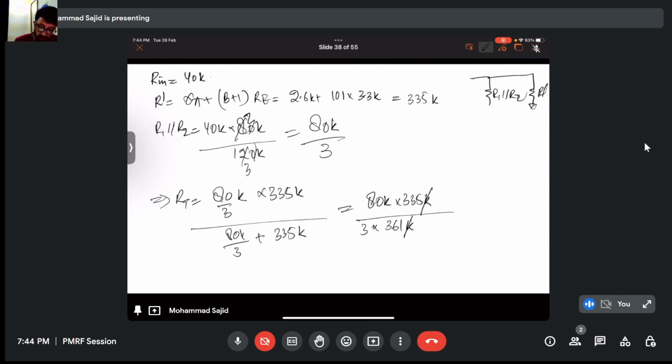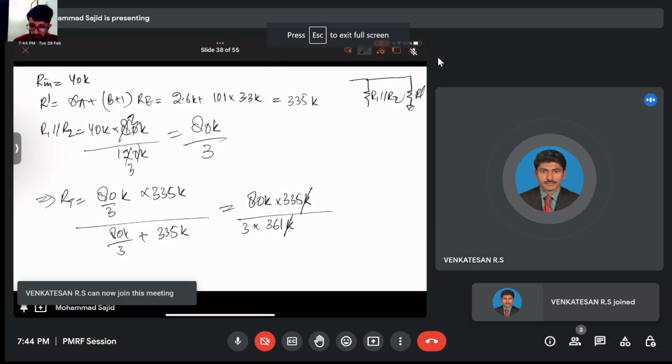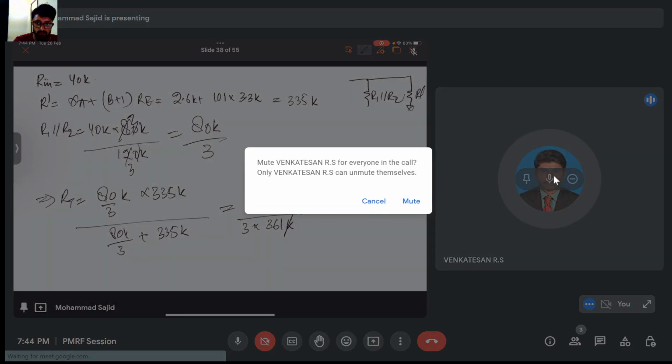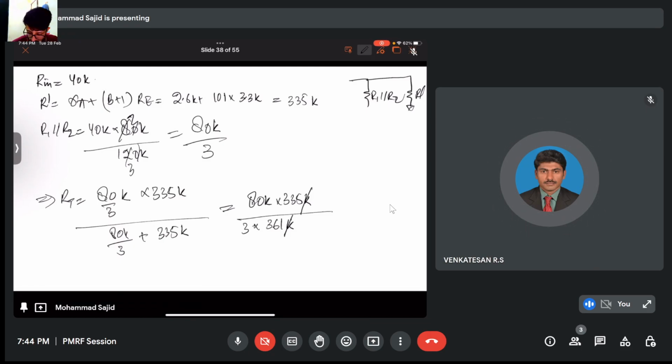3k and k will go. Okay, so calculating, we will get 335 divided by around 24.75k.